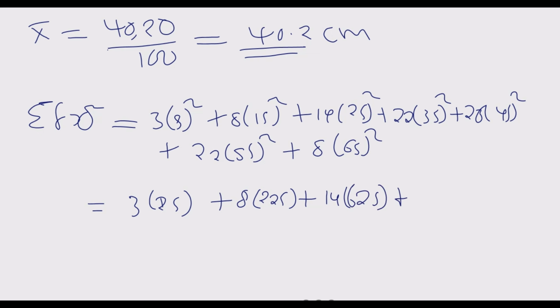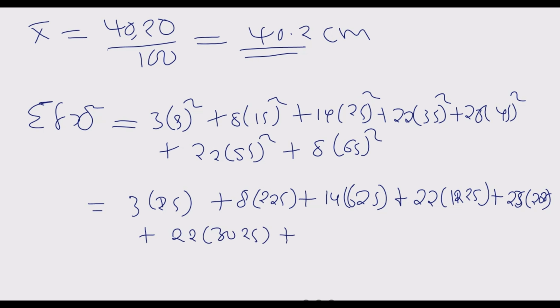Then plus we have 22 multiplied by 1225, then plus 23 multiplied by 2025, then plus 22 multiplied by 3025, then plus 8 multiplied by 4225, which are these squares. So it's these squares, the ones that we are done with.